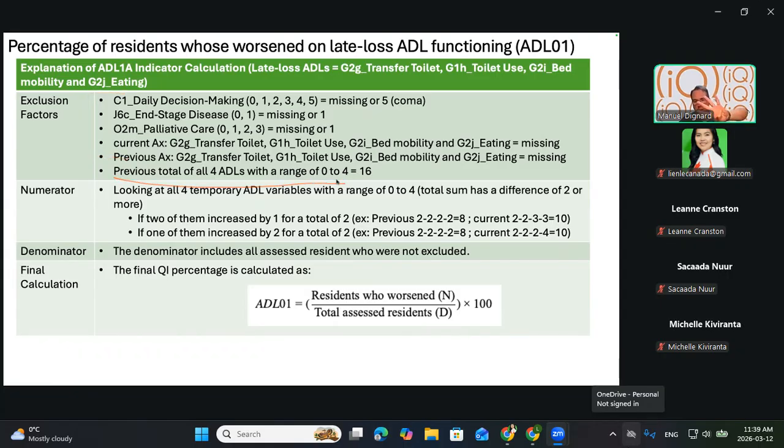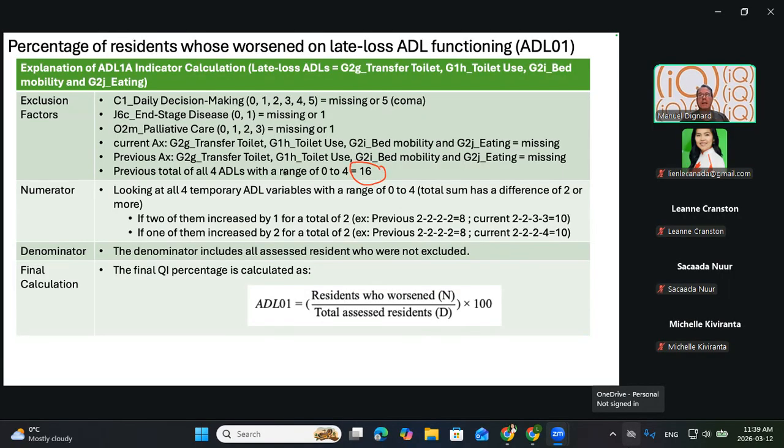So we have 4 items: transfer, toilet use, bed mobility, and eating. And the 0 to 8 is converted to 0 to 4. So 4 times 4 is 16. If someone has a score of 16, you know they are completely total dependence, or it didn't happen.